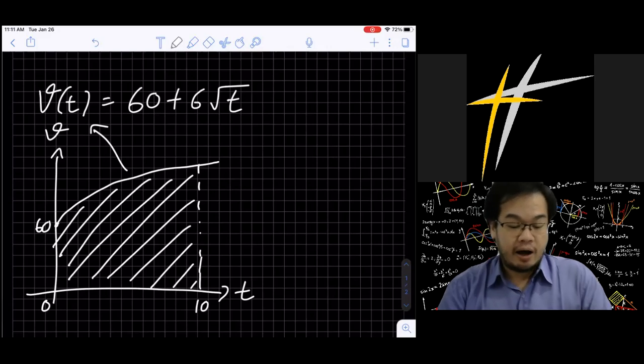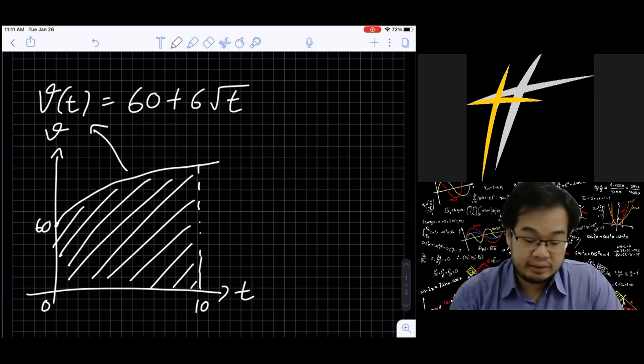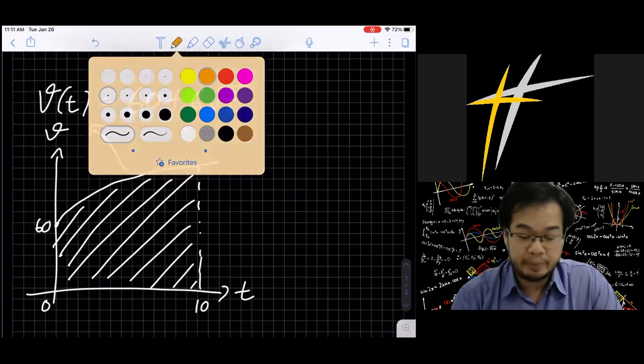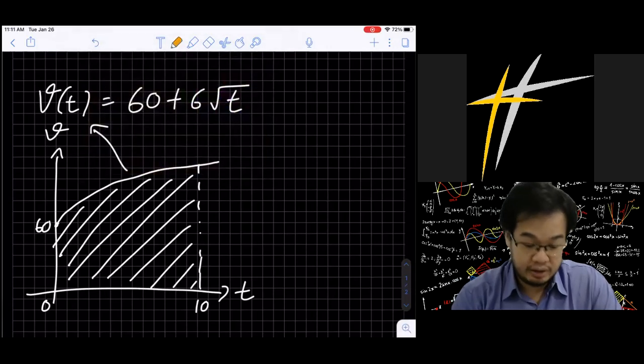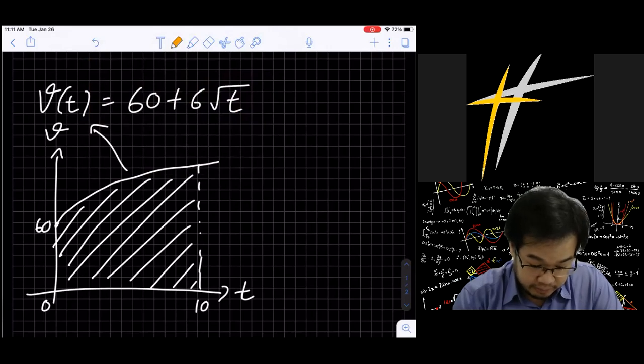Now how do we do that? We need to create small partitions, small rectangles like this.